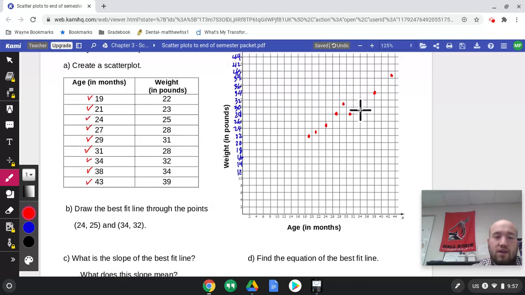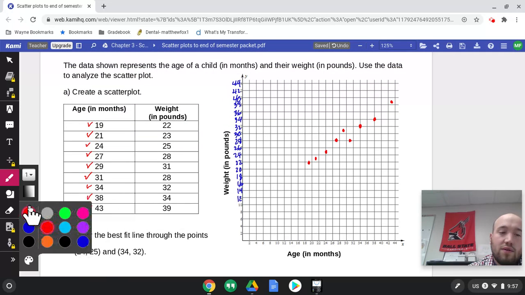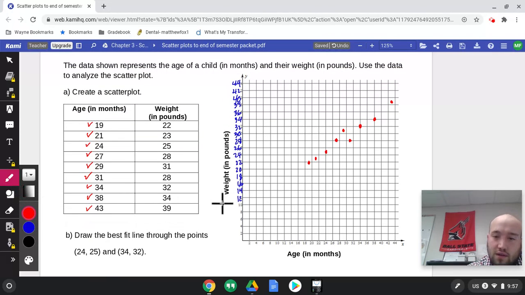Okay, now, it says draw the best fit line through the points 24, 25, and 34, 32. So, once again, those points, let's see, 24, 25 right there. And then, what was the other one? 34, 32. So 34, 32 is right there.